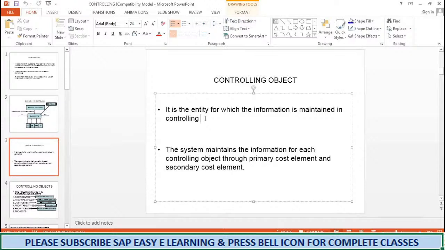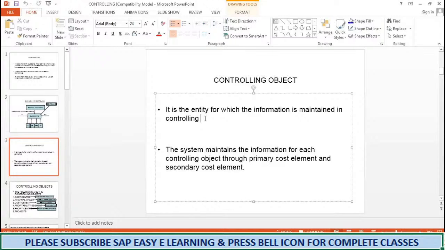Similarly, in controlling also, there should be something with reference to which we can maintain the information, process the information, and analyze the information. That something is called controlling object.